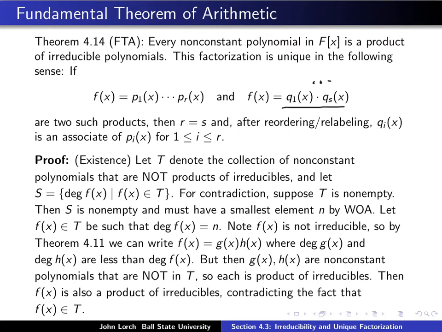Anyway, if we have these two representations of f of x as products of irreducibles, then there are the same number of irreducibles in each factorization. And in fact, after you reorder or relabel, the q sub i's must be associates of the p sub i's.